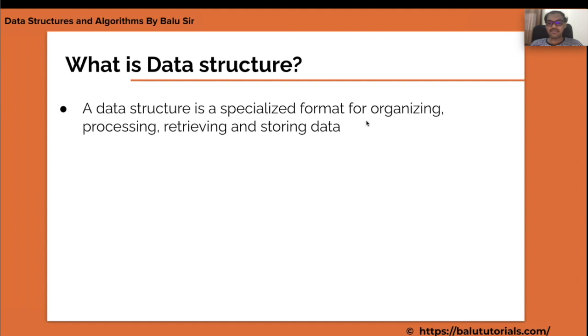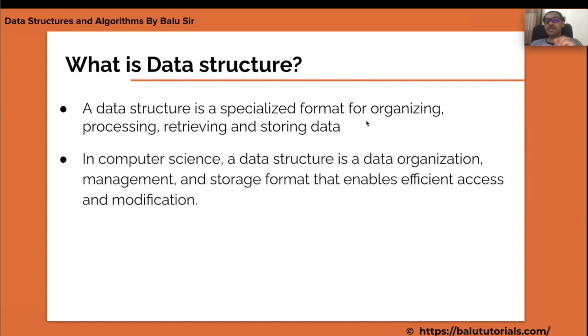Okay. Then in computer science, a data structure is a data organization, management, and storage format that enables efficient access and modification.